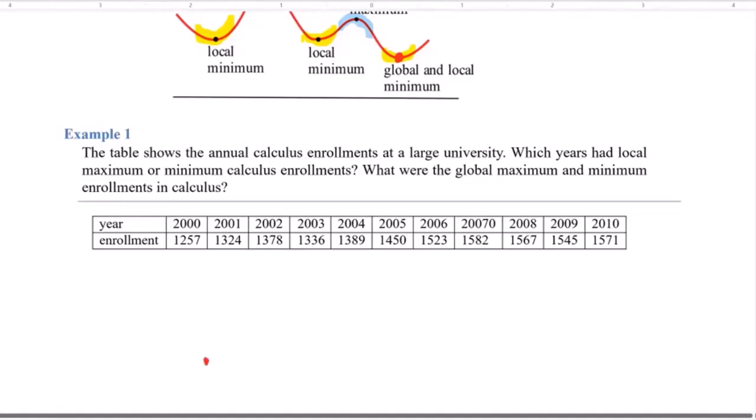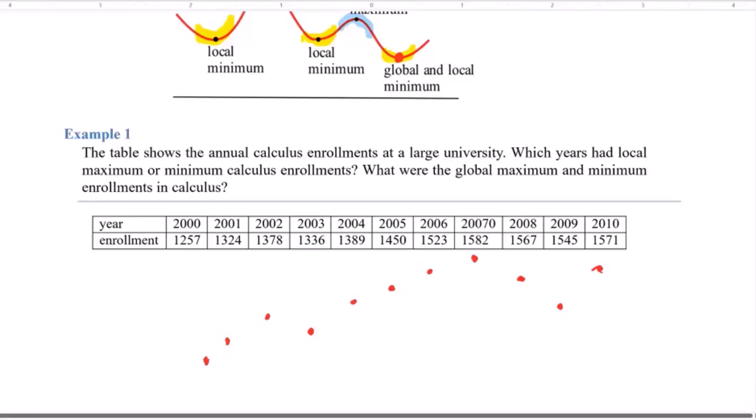Let's say this is 1257, 1324, still going up, 1378, up, coming back down, 1336, 1389 goes back up, and it's actually the highest point so far. 1450 is higher, 1523 is higher, 1582 is higher, 1567 will be coming down, 1545 still coming down, and 1571, we're about there.